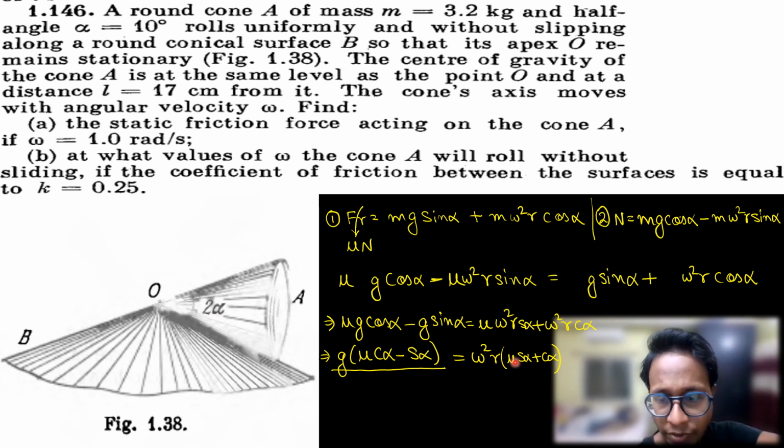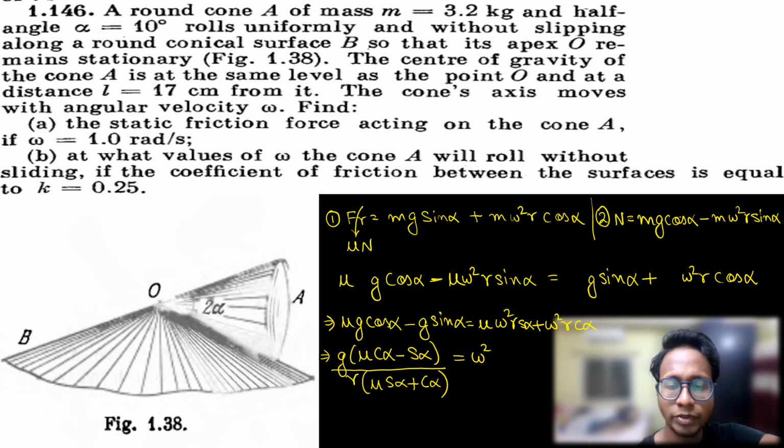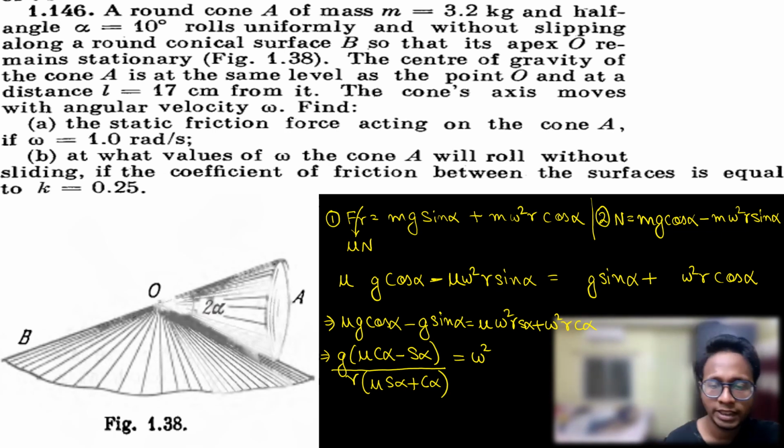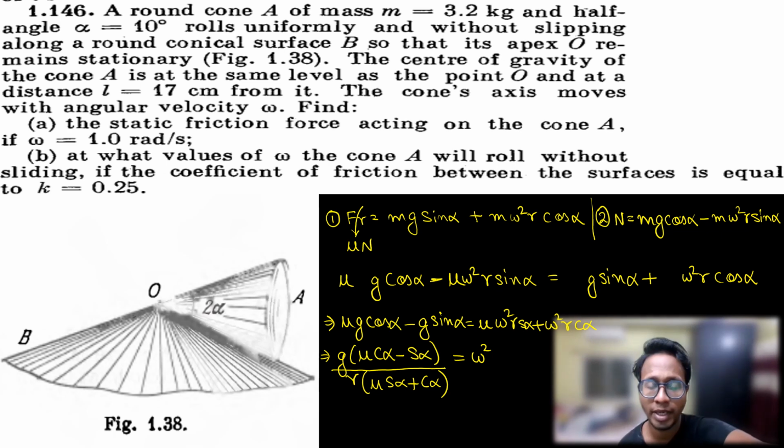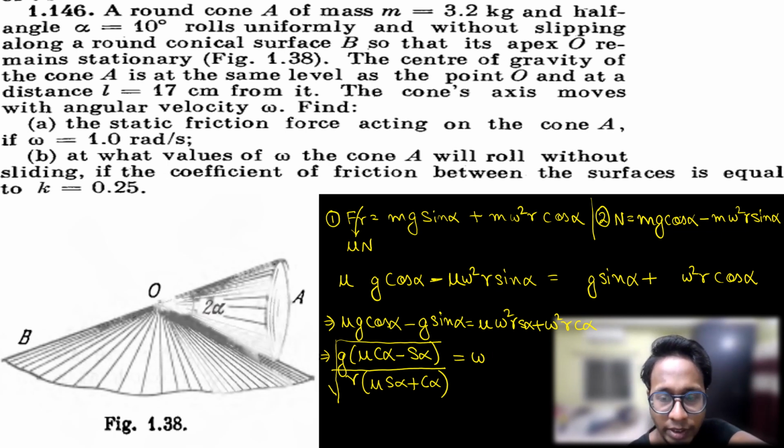I have to find omega square, so I'll take this entire term and divide by the denominator. So omega square is equal to g into mu cos alpha minus sin alpha divided by r into mu sin alpha plus cos alpha. Omega would be the square root of this value.